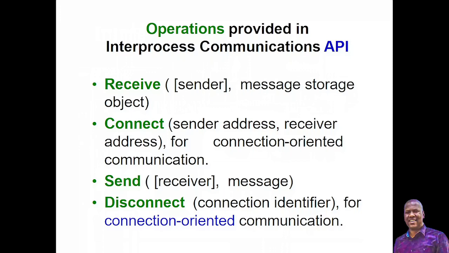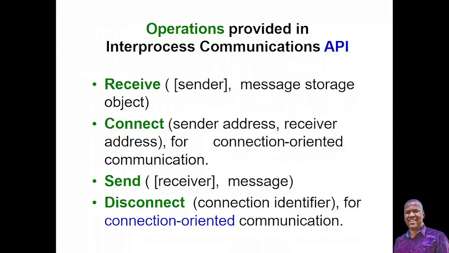We looked at the two common protocols: TCP, which offers connection-oriented communication, and UDP, which offers connectionless communication. As the various processes establish the communication, we also need to identify whether they are using the UDP option or the TCP option to send the message, right? On the other end, we have the operations send and receive.